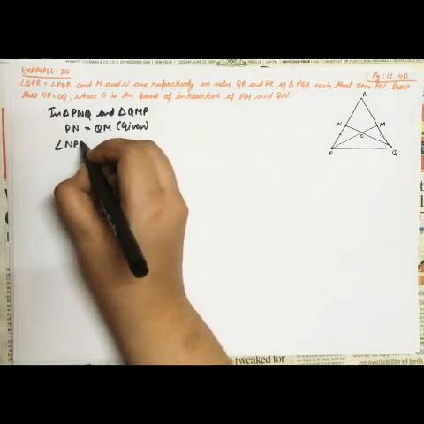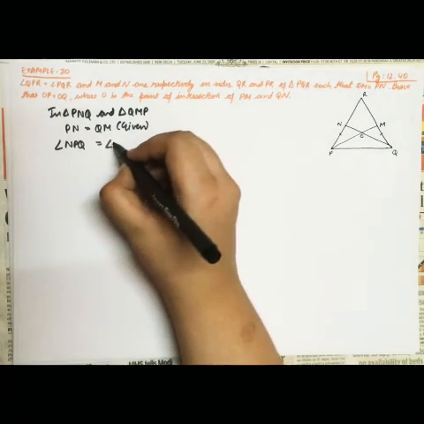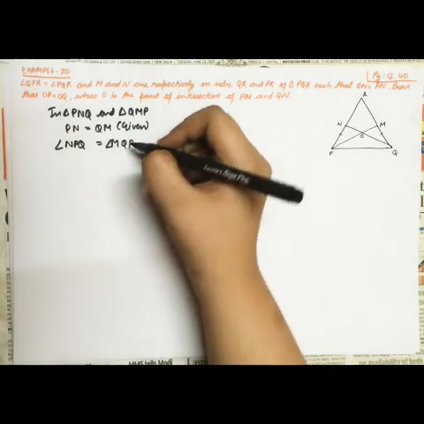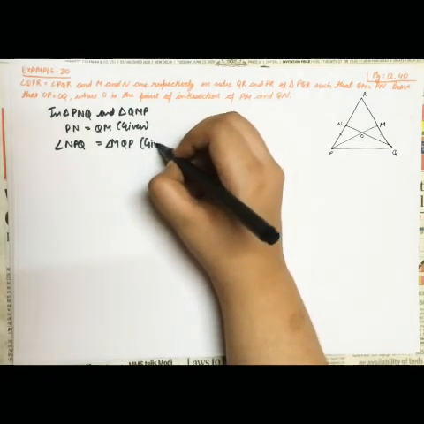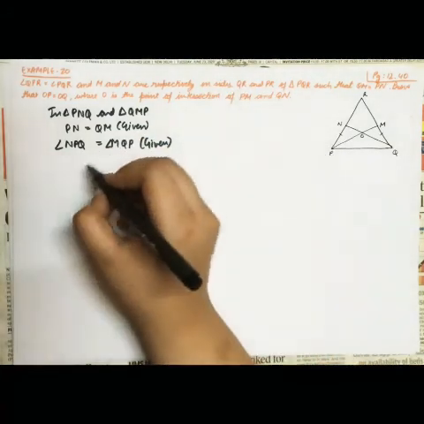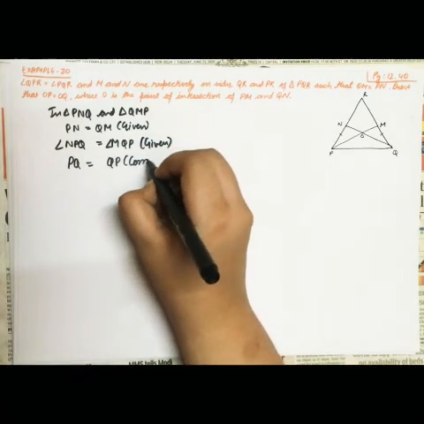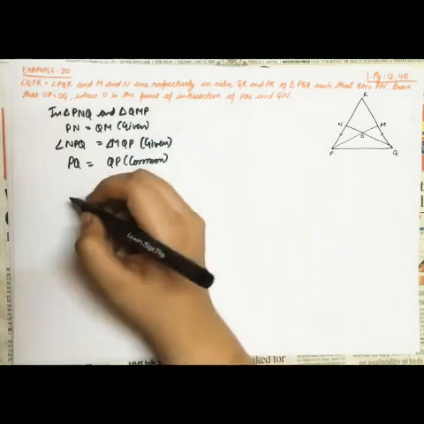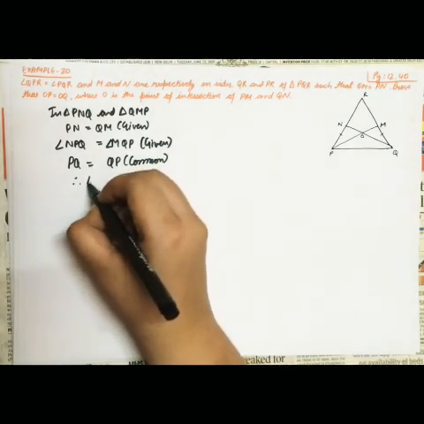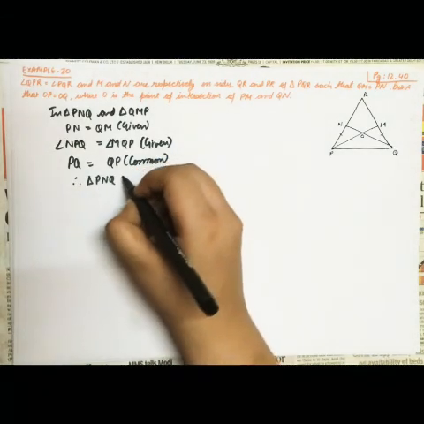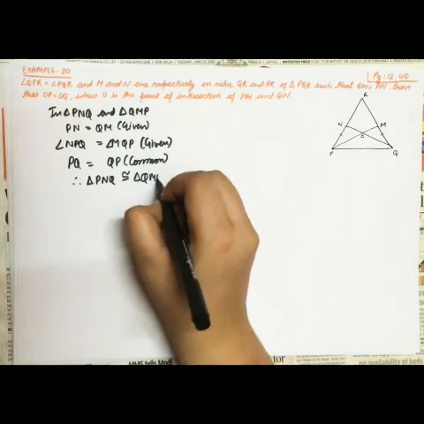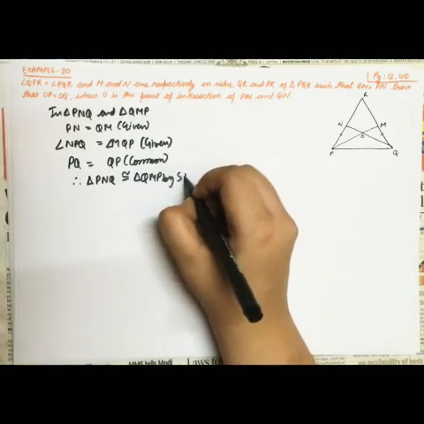Angle NPQ is equal to angle MQP. This is also given. Now PQ is equal to QP as they are common. Therefore, we can say that triangle PNQ is congruent to triangle QMP by SAS rule.